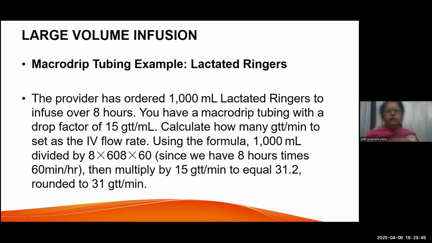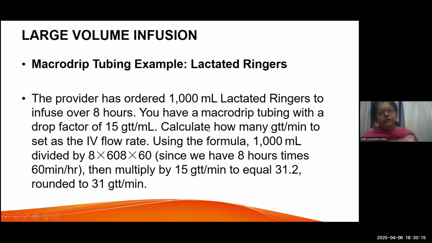Now we'll look at an example for the macro drip. The provider has ordered 1000 ml of ringer lactate to infuse over 8 hours. Here you have macro drip tubing. In this macro drip tubing, the drop factor is 15 drops per ml. So how many drops per minute should be given to check that flow rate?